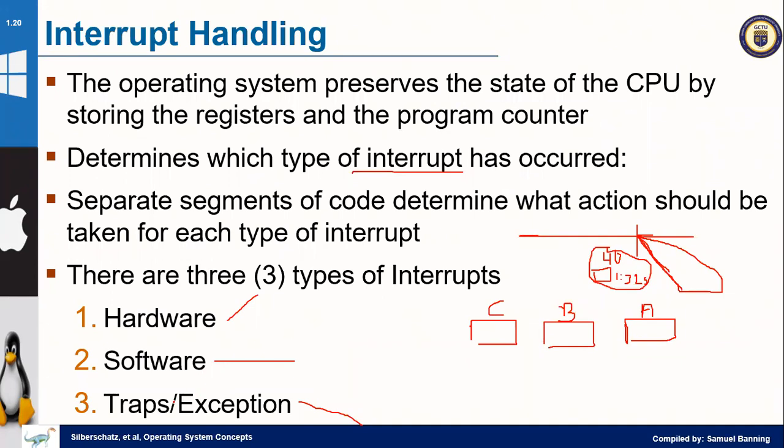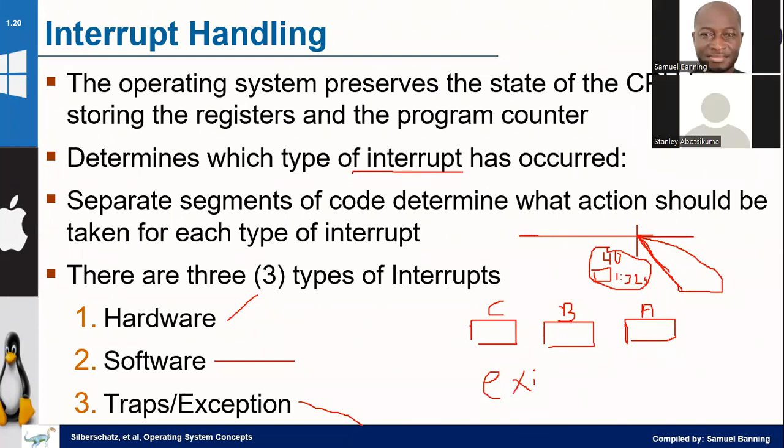Then we have a trap or exception. Like I said, these are errors. If anything happens that is contrary to the original execution of a software, it notifies the CPU. Now, I'm sure you have done Java programming, right? Yes, sir. Good. If you have done Java programming, then I know you know of this: exit 0.